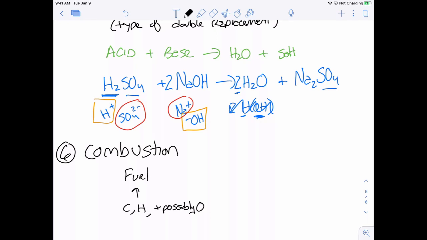It can be other things, but we're going to stick to this, particularly since we have a condensed semester now. So plus some sort of oxidizer. And for us, this is going to be oxygen. So we're going to have some sort of compound that has carbon and hydrogen in it, maybe oxygen also. I'm going to react it with oxygen, and then we're going to produce carbon dioxide plus water.